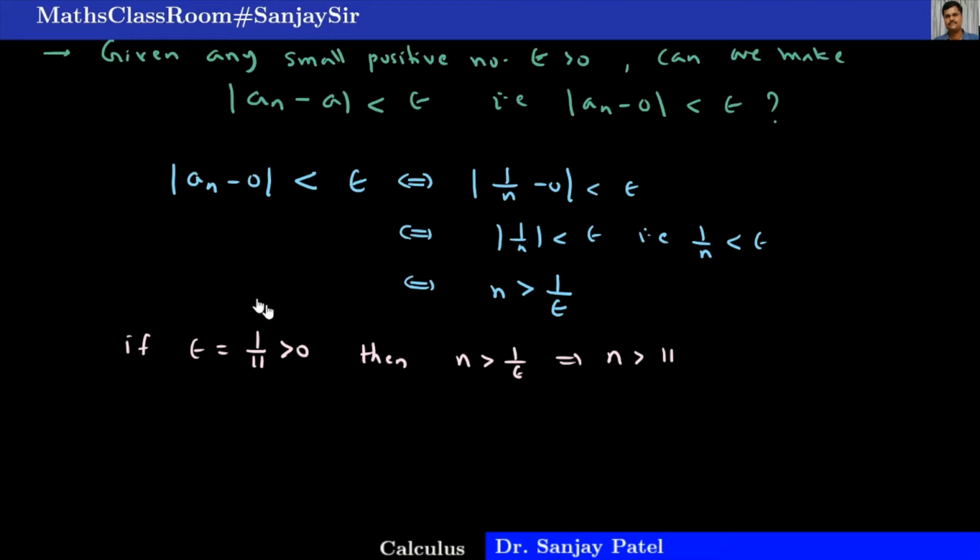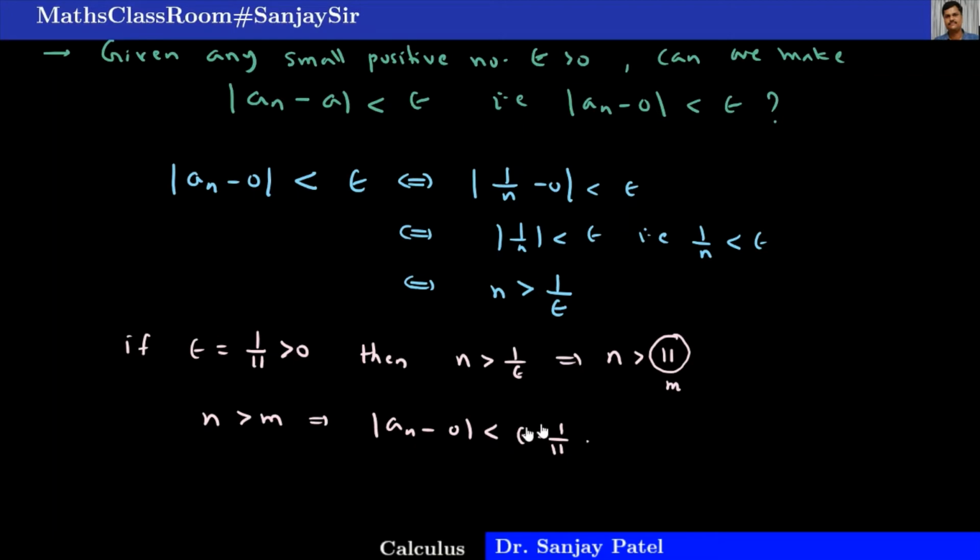That means if you want to make |a_n − 0| less than epsilon, then you should choose the value of n to be greater than 11. That means the term number must be greater than this 11. So this number 11, we'll call it, say, small m, or n0, whatever. So if you choose n greater than m, then a_n minus 0 will be less than epsilon equal to 1 upon 11.